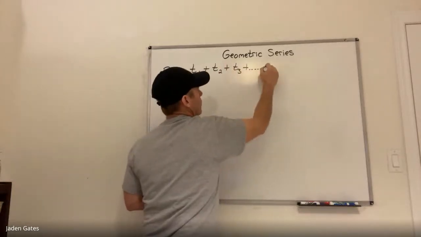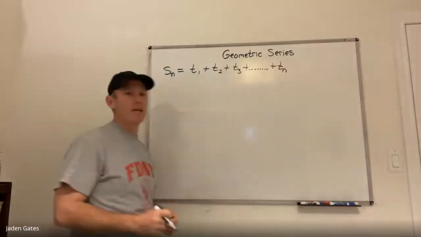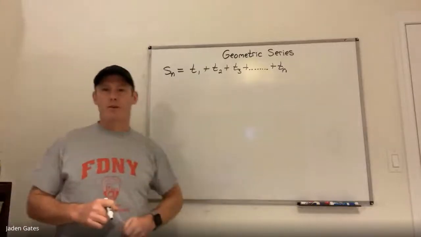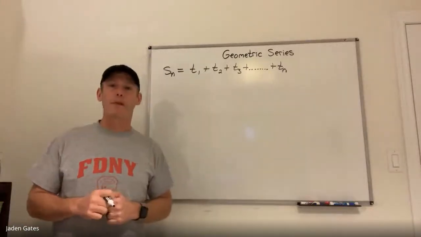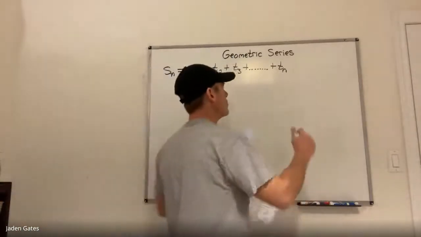So that goes all the way to our final term, which I don't know what it is, so I'll call it Tn. So again, that is the sum of a geometric series. Now we have a specific formula for a geometric series, just like we did for an arithmetic one.